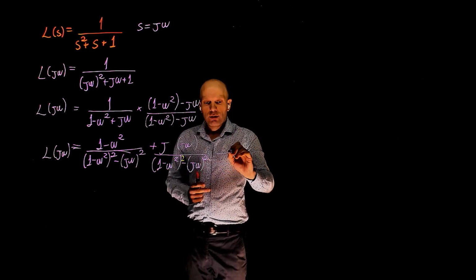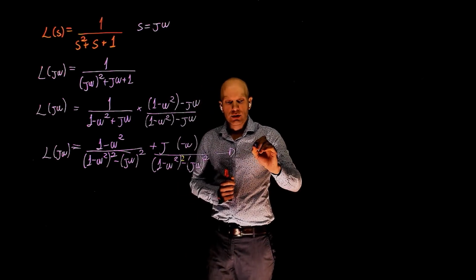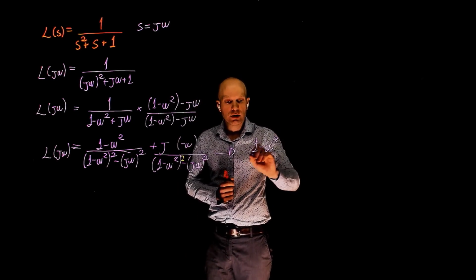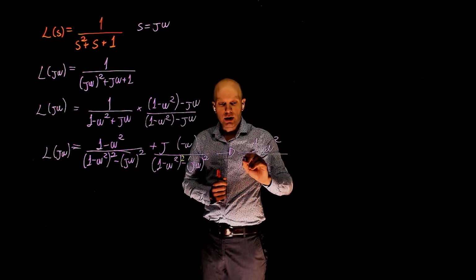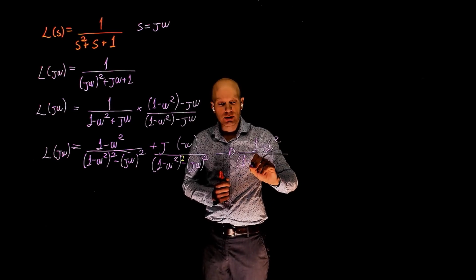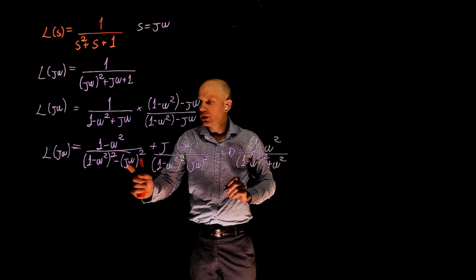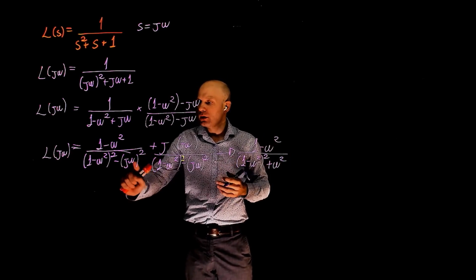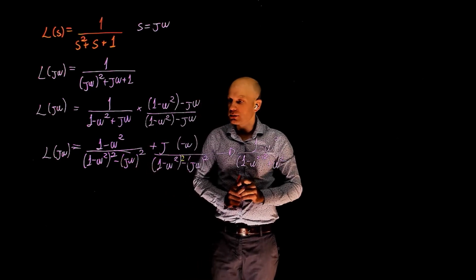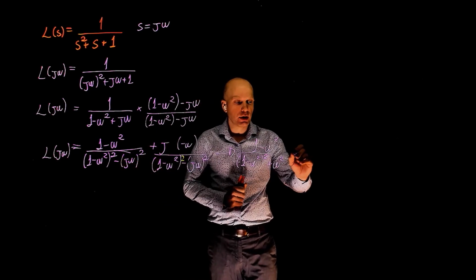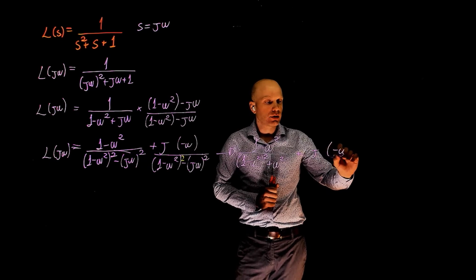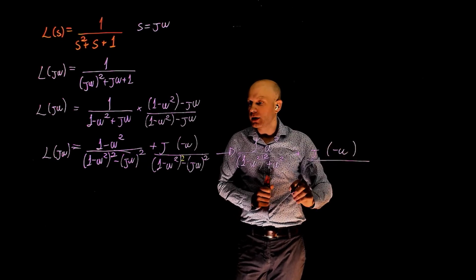We can now solve for this. This gives 1 minus omega squared divided by, we don't need to expand that, (1 minus omega squared) squared plus omega squared, since j squared is -1, times 1 is plus 1 times omega squared, plus j times -omega divided by the same.